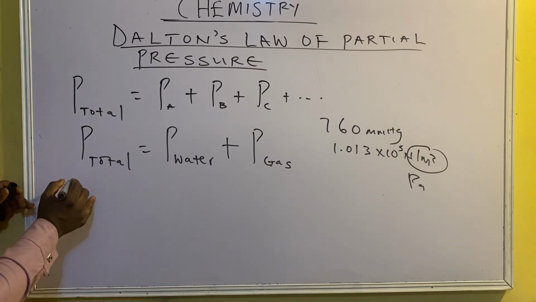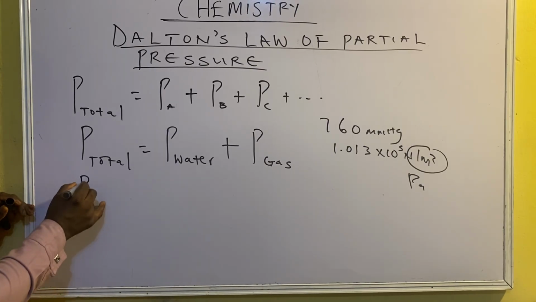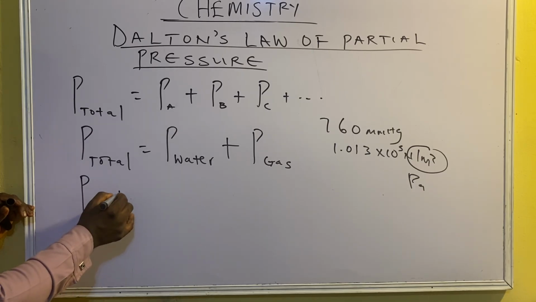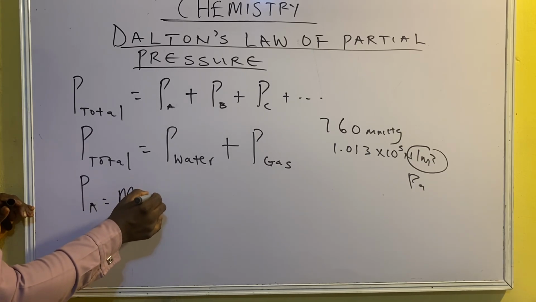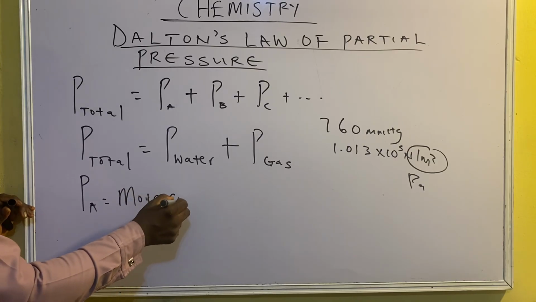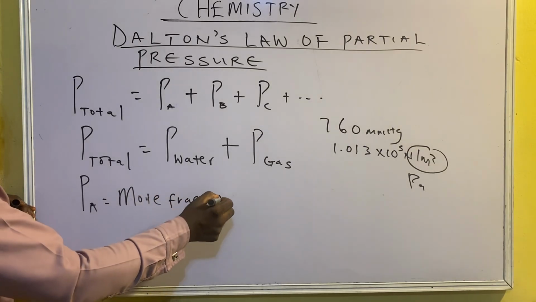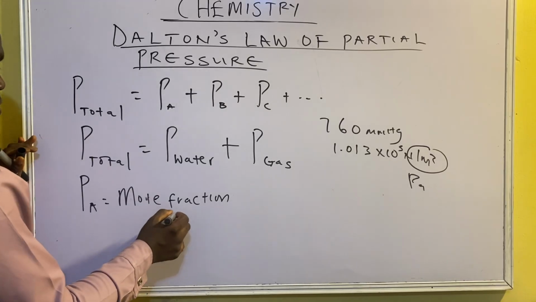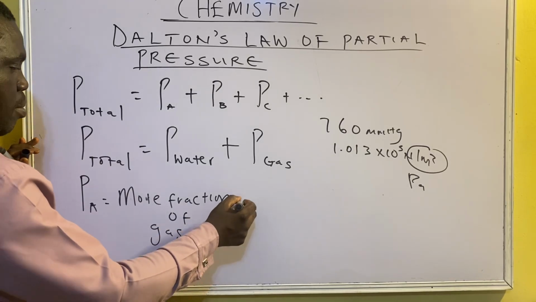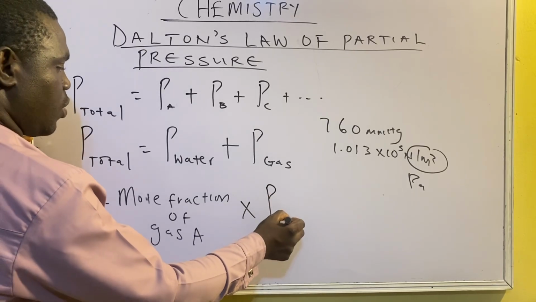You could also have something like this, where the partial pressure of gas A equals the mole fraction of gas A multiplied by your P total.